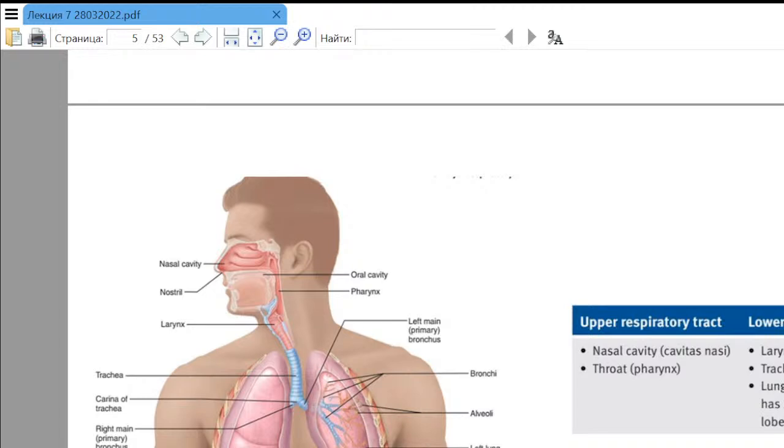And the lower respiratory tract, which is the larynx, trachea, and lungs. The lungs include the right lung, pulmo dexter, and the left lung, pulmo sinister. Upper respiratory tract, lower respiratory tract.